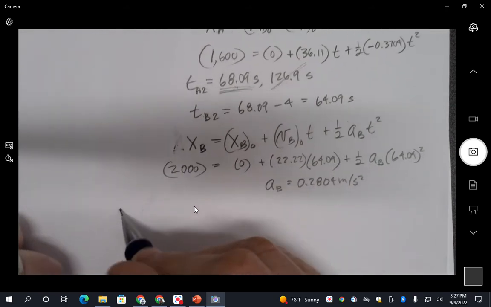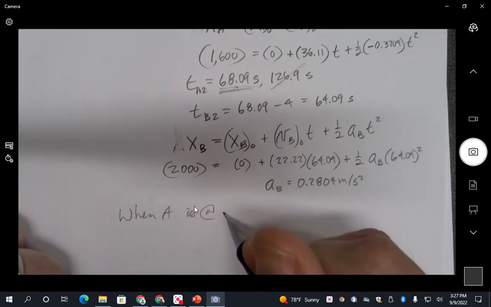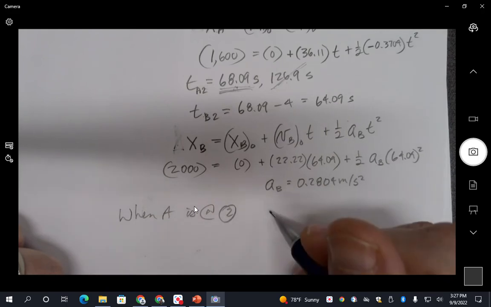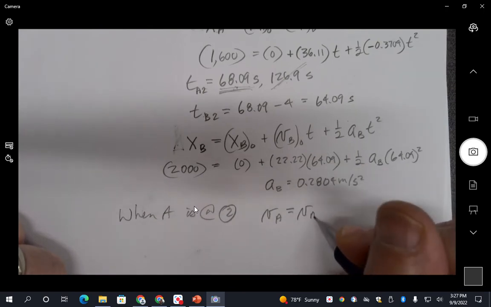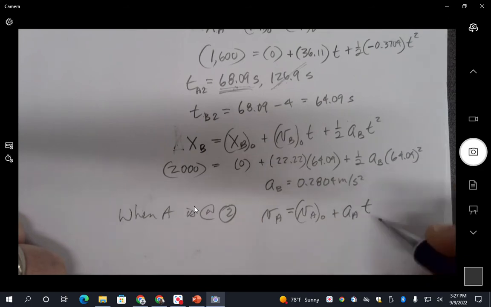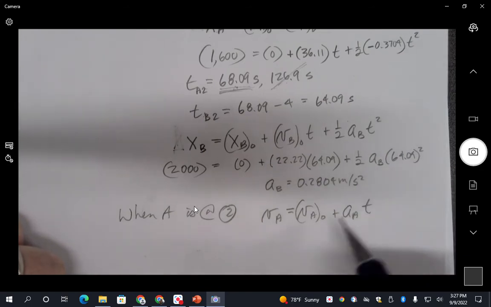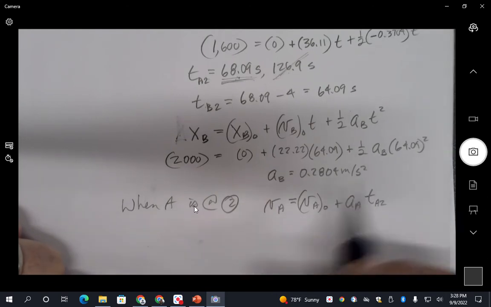Okay. When A is at 2, the velocity of A, or the speed of A, is its original plus its acceleration times its time, right? Times that time, A2 right there.